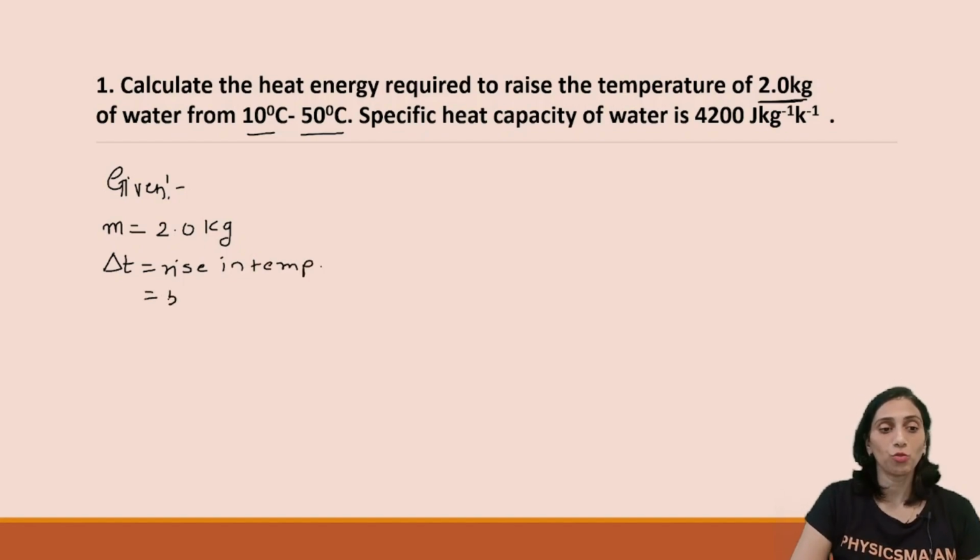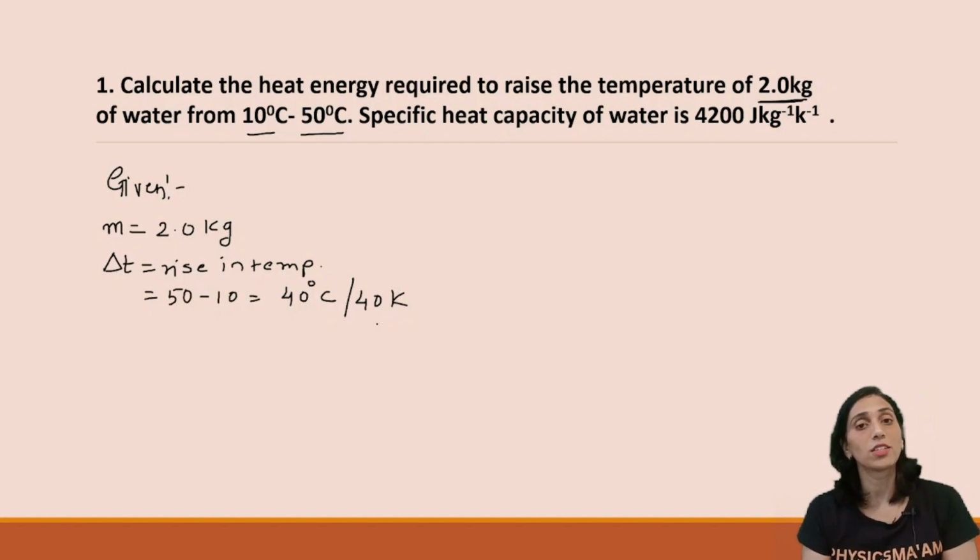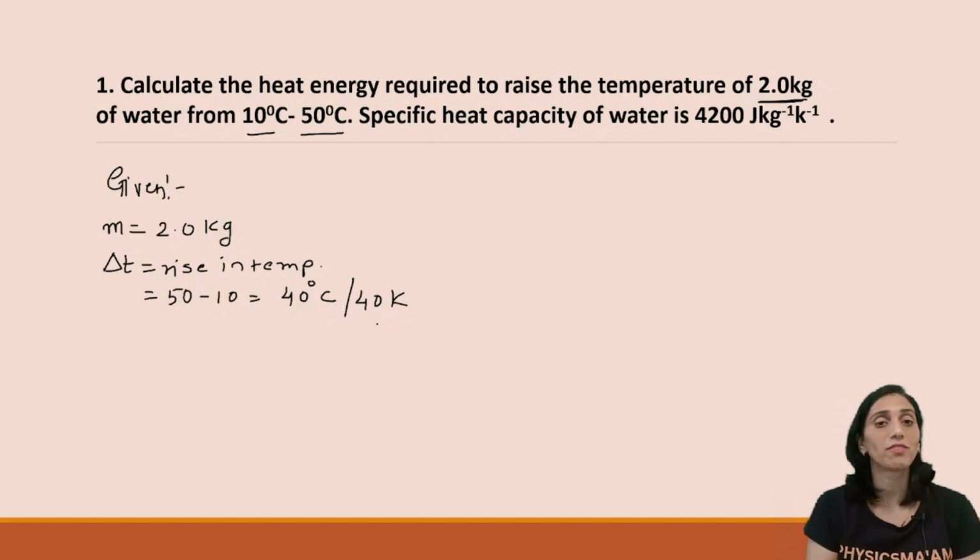That is equal to 50 minus 10 equals 40 degrees Celsius. Or I can even write it as 40 Kelvin. You know the relation, right? Whatever change in degrees Celsius is the same as the change in Kelvin, because they have similar scales, right? So it applies only to delta T, only to the change in temperature, not everywhere, right?